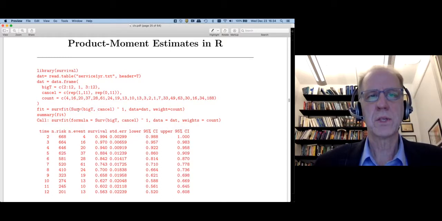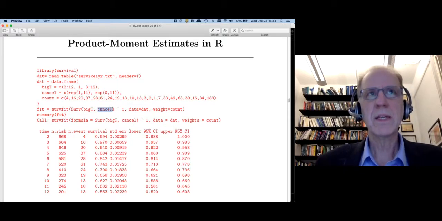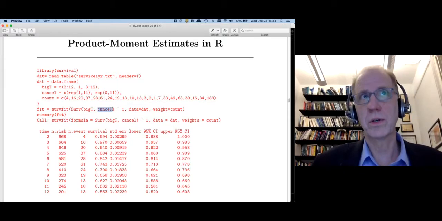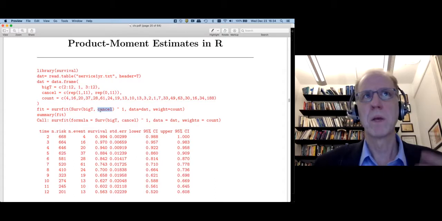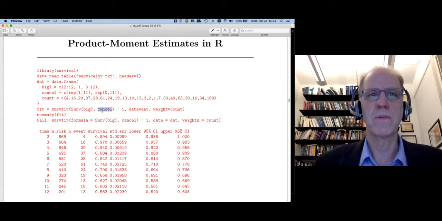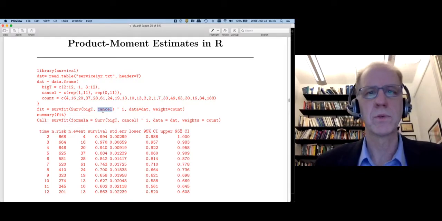And then this Surv thing also has an indicator that indicates if the event occurred. So different software expect a different indicator. In R, it's always that the event occurred. So I have a variable cancel that indicates whether or not the customer canceled. Some software wants to know whether or not the customer was censored, and that's slightly confusing.